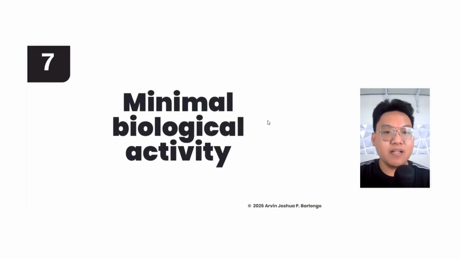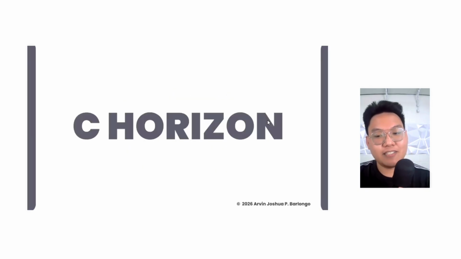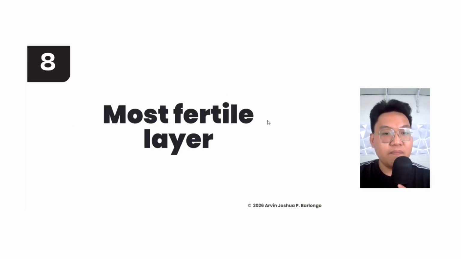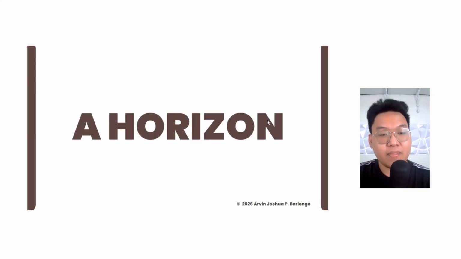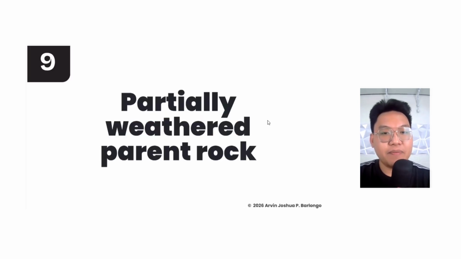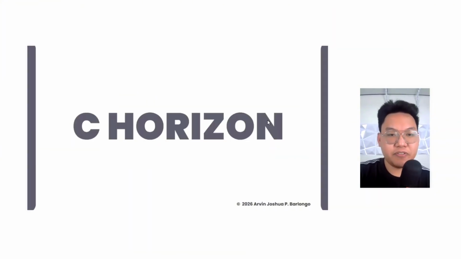Number 7, minimal biological activity. The answer here is C horizon. Number 8, most fertile layer. The answer here is A horizon. Next, number 9, partially weathered parent rock. The answer here is C horizon.